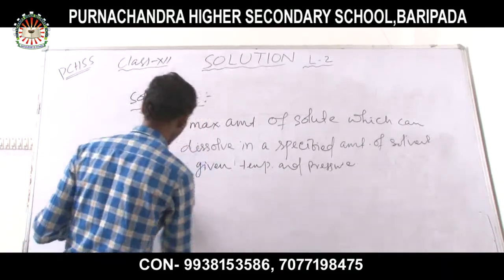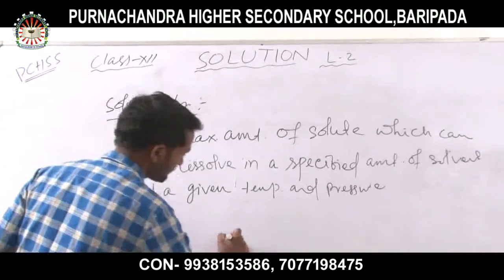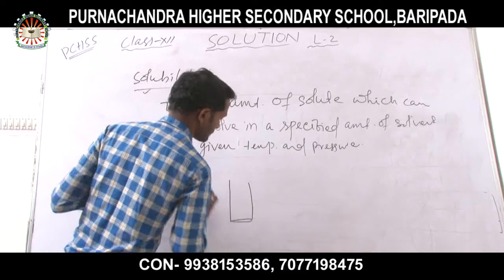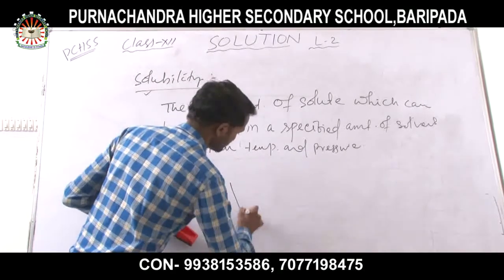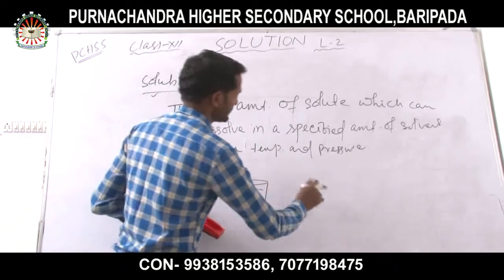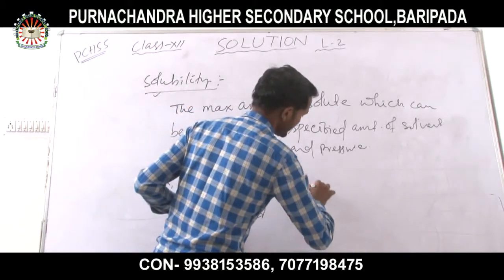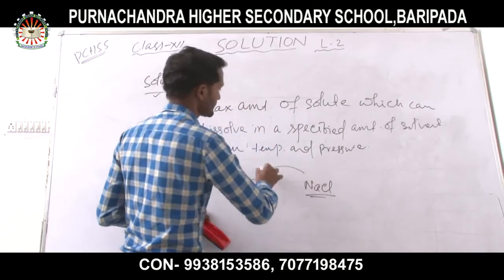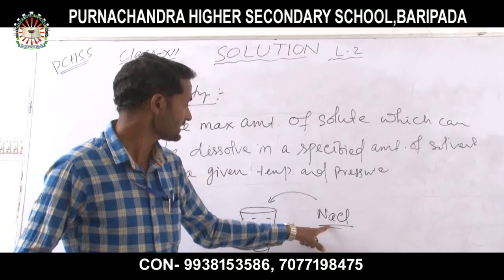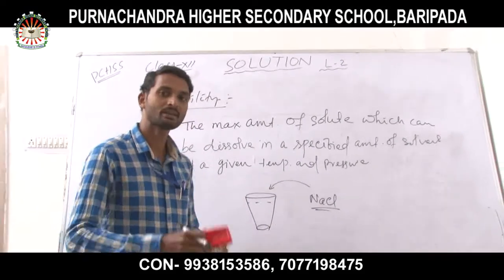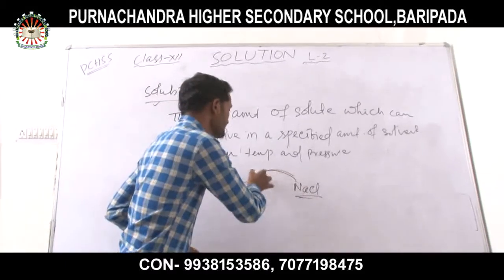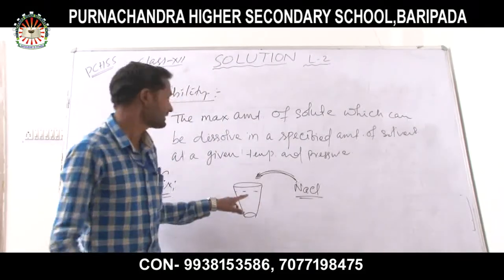Suppose, as an example, you take a glass of water, then you can dissolve sodium chloride, NaCl, spoon by spoon here. If a small amount of sodium chloride is put into the glass of water, it can be dissolved easily, but at a point no more salt can dissolve.